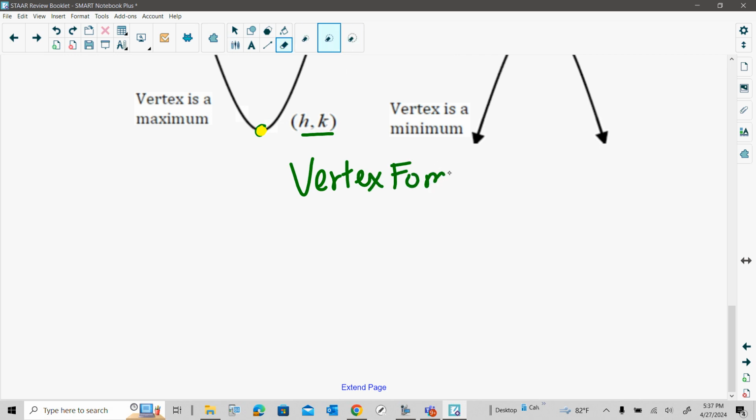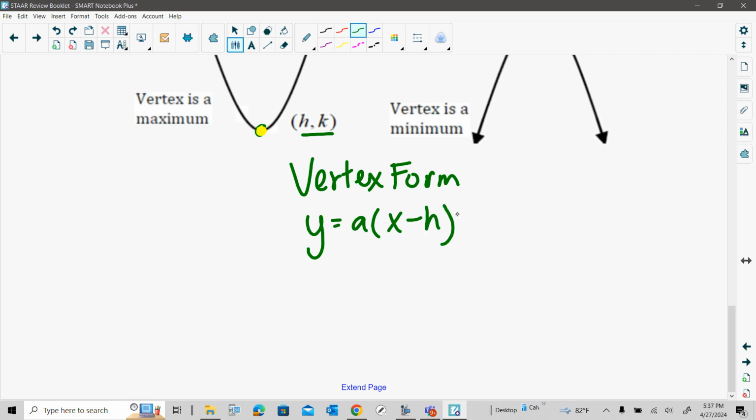Your vertex form is whenever we have y equals a(x minus h) squared plus k. We want that because inside the parentheses is the h and outside is the k, and that helps us understand how to read the vertex form if they give you that as an answer choice.